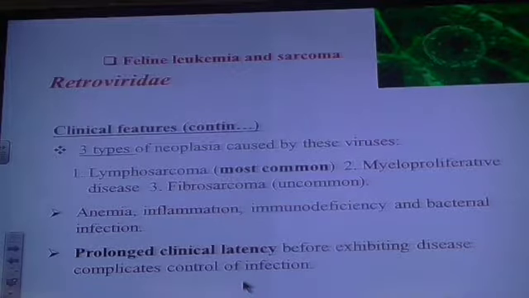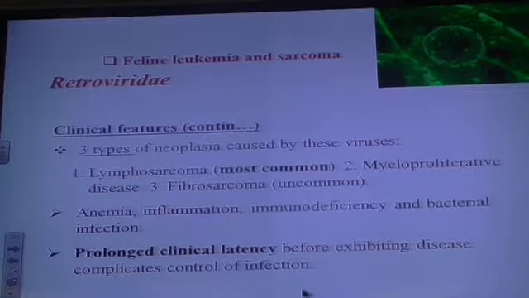The second cancer is the myeloproliferative disease, and in this case, what you have is high proliferation of cells, and myelo. What does myelo indicate? Bone marrow, exactly. So you have bone marrow cancer in this case, and fibrosarcoma, which is the cancer of fibroblasts, connective tissue.